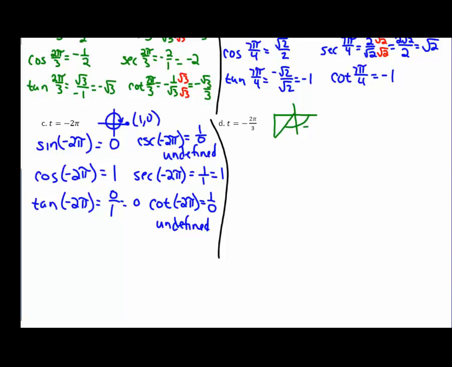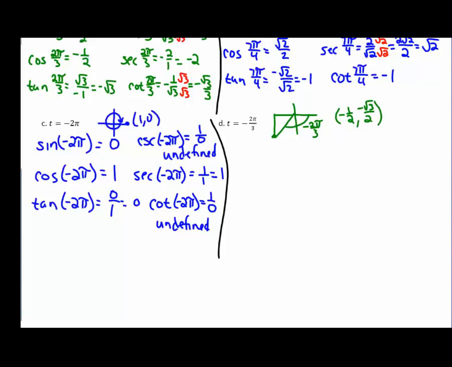And so there is your negative 2 pi over 3. It has a coterminal angle of 5 pi over 3. And so that ordered pair is going to be negative 1/2, negative square root of 3 over 2.